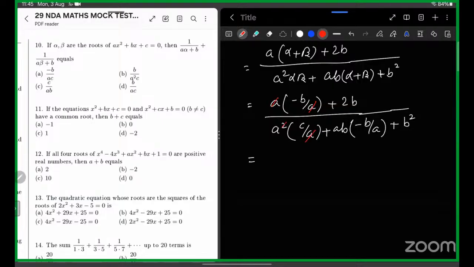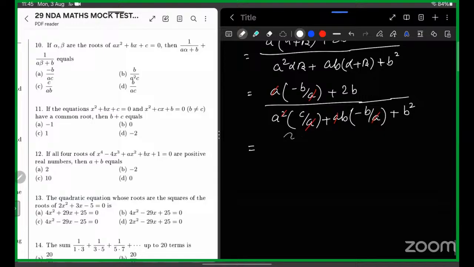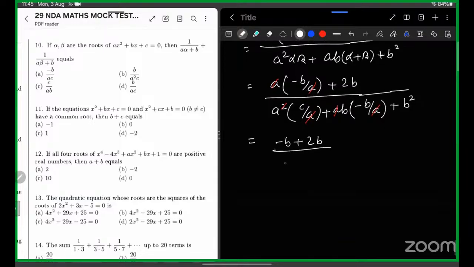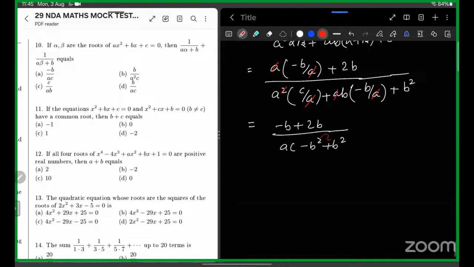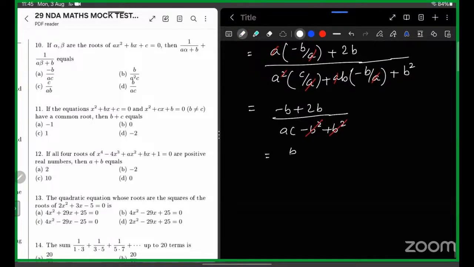This and a square will get cancelled out. This a and this a will get cancelled out. What we are going to get? Minus b plus 2b dividing it by ac minus b square plus b square. Again, this minus b square plus b square gets cancelled out. Our value is b upon ac. Here is option number b upon ac, which is option number D. Option D is the correct answer.